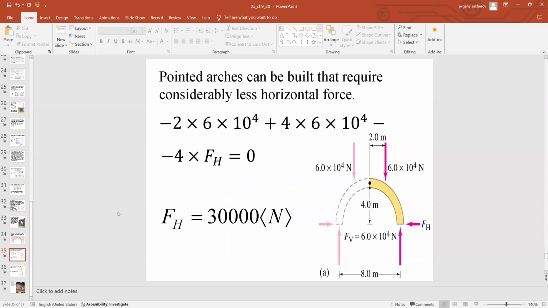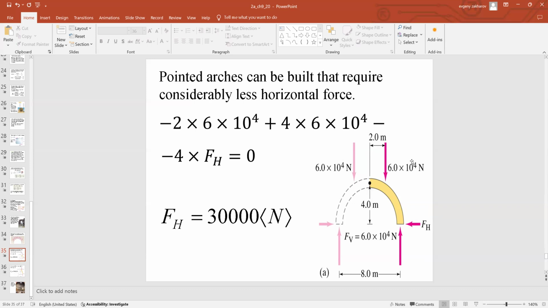For example, we've got a pointed arc that requires considerably less horizontal force. Here is the force that is given, and here is the reaction, and here's the side force that we want to withstand. So let's say the axis of rotation is where? Is it this one? This is the point. Let's see. Negative 2 times 6 times 10 to the 4th.